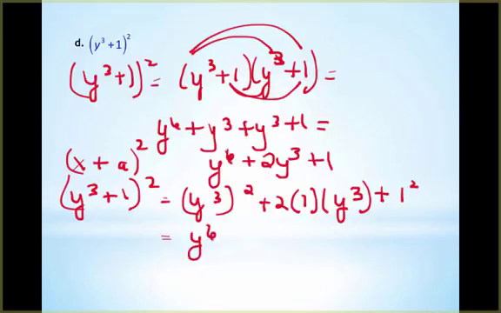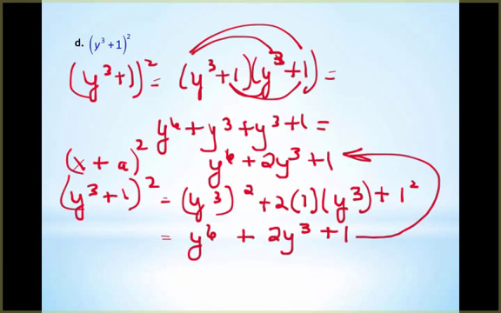So that's y to the 6th plus 2 times 1 times y cubed would be 2y cubed, plus 1, which was the answer we got when we FOILed it out.